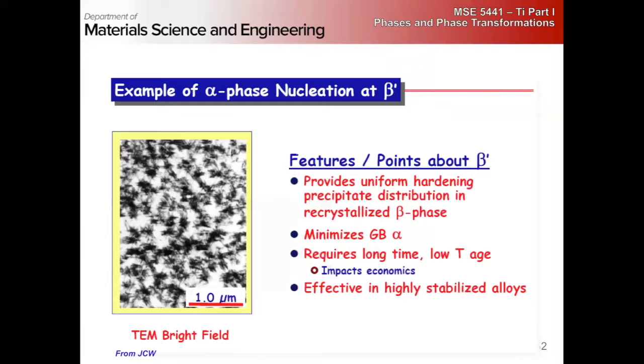Right. So here you can see it a little more clearly. This is a bright field TEM image. Here you see the beta prime particle with these laths of alpha clearly nucleating off it.